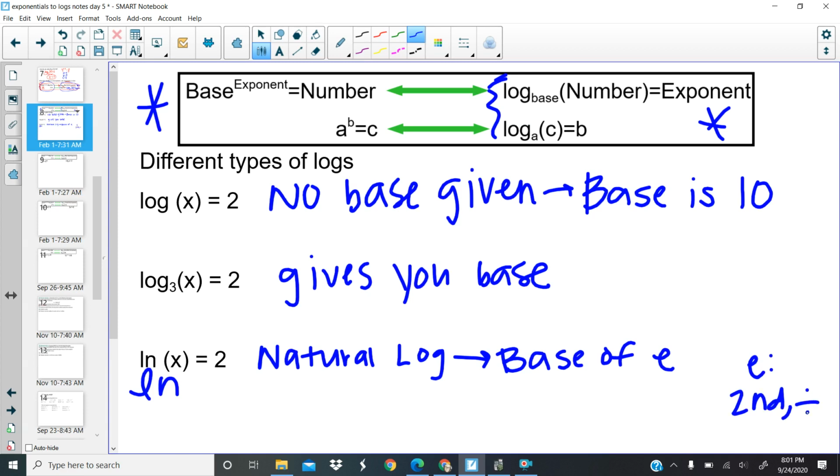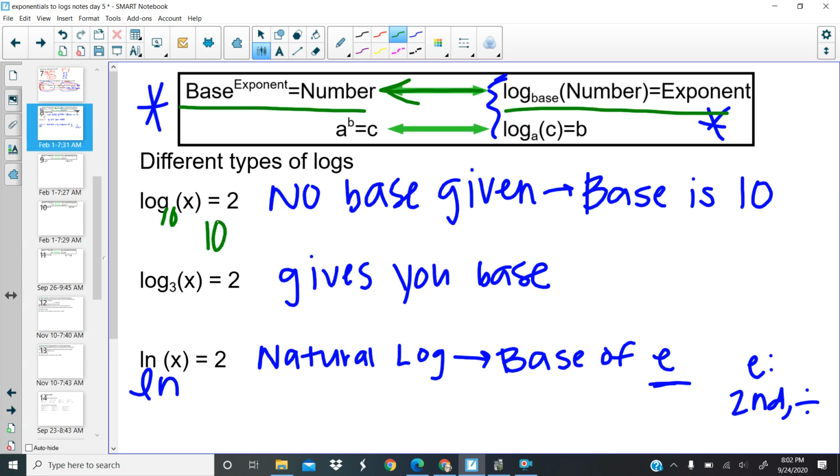So the natural logarithm, the base in that is going to be that e button, or that e number. It's like 2.7 something. So if you wanted to actually solve these out, then in the first situation, it has an implied base of 10. So if I'm going from this form to this form, then the first thing I need is my base, which it says is 10.